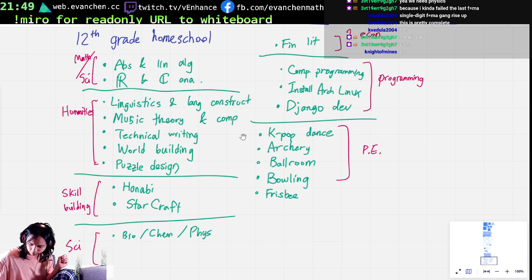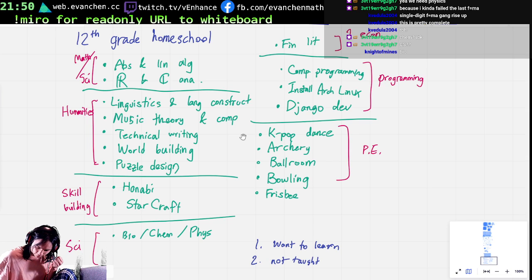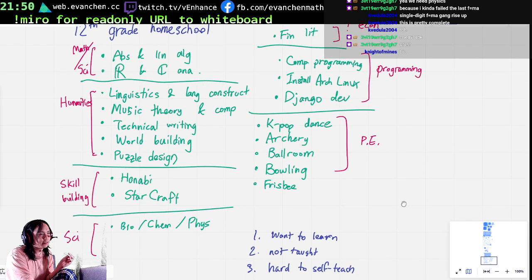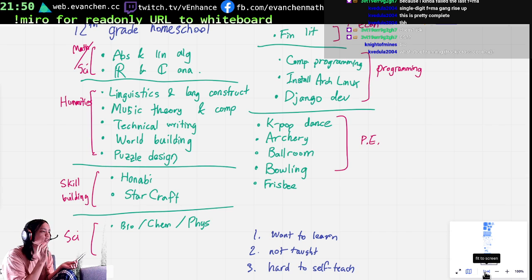So, things they want to learn, not taught already, and hard to self-teach-ish. The third criteria is a little dubious. You could probably teach yourself abstract and linear algebra. It's not that hard. But I think something like music composition is different. It's nice to imagine you can just write down notes, but in practice you probably want feedback from someone who has a clue what they are doing. So, not me.